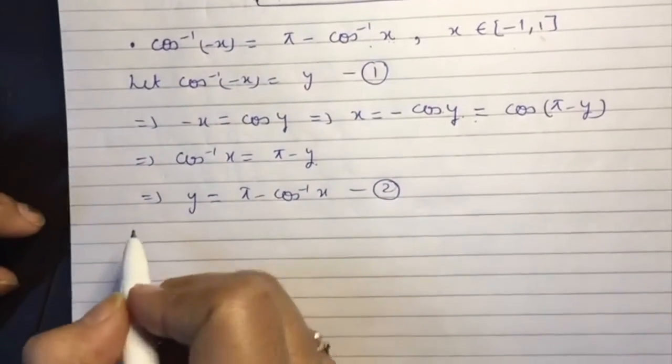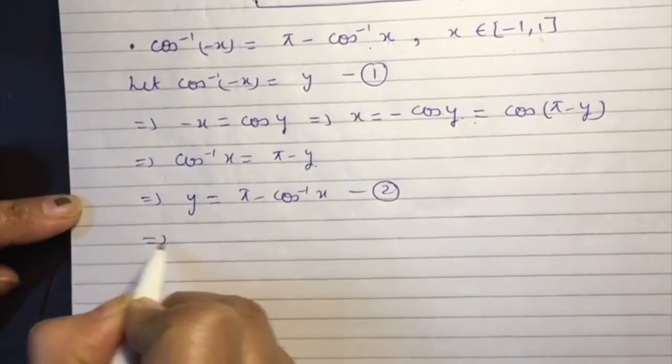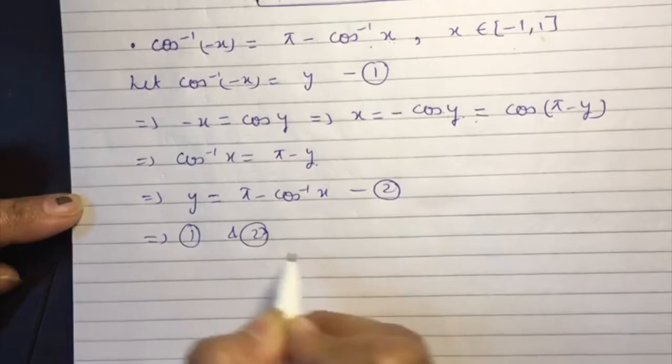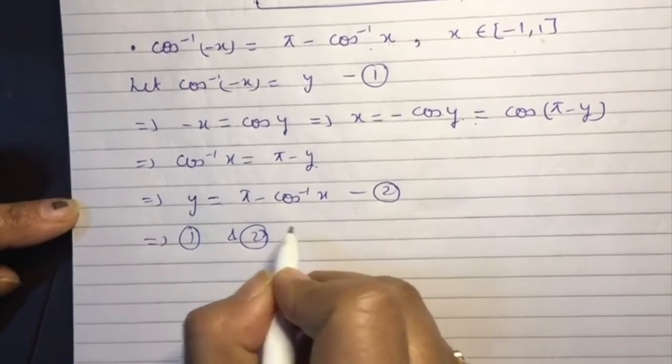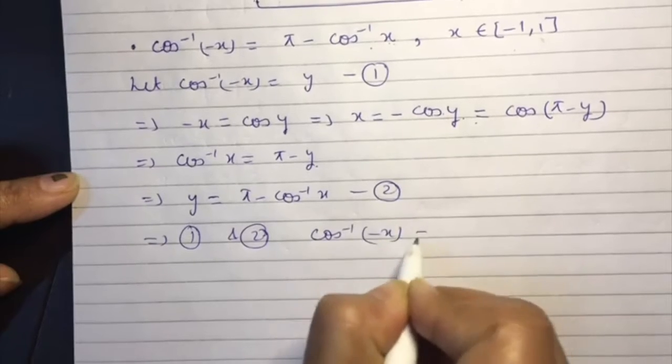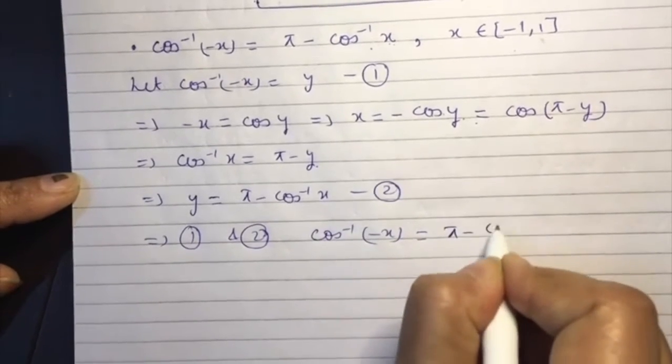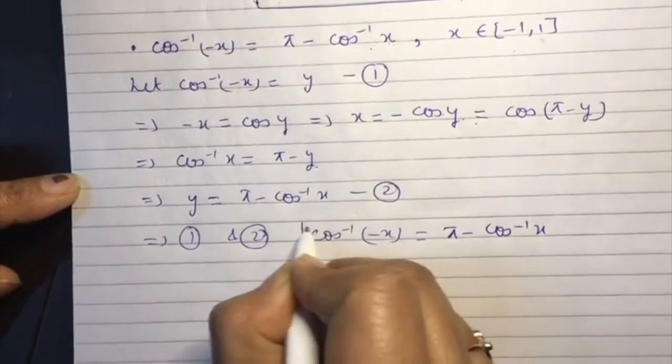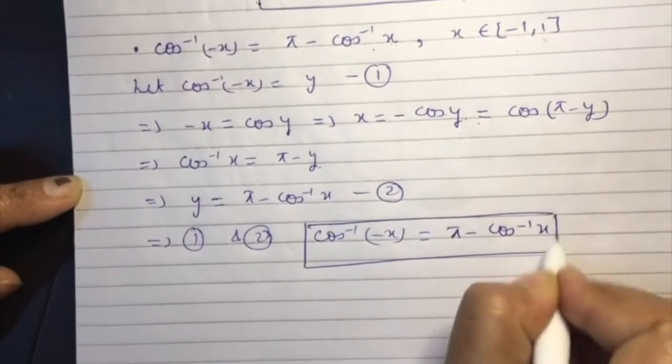And so from 1 and 2 we get cos inverse of minus x is equal to pi minus cos inverse x.